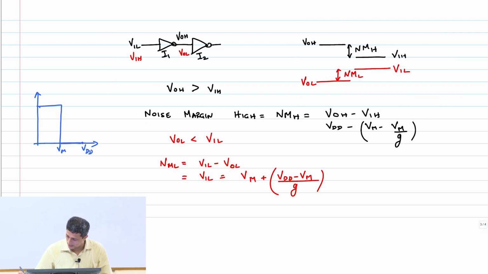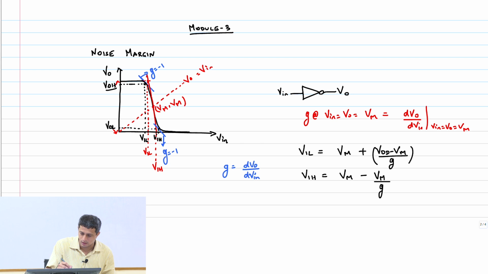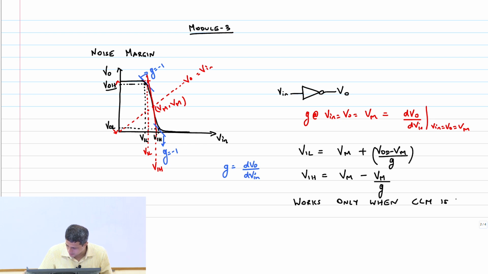So this works only when CLM is greater than 0. This is the limitation that you should understand.